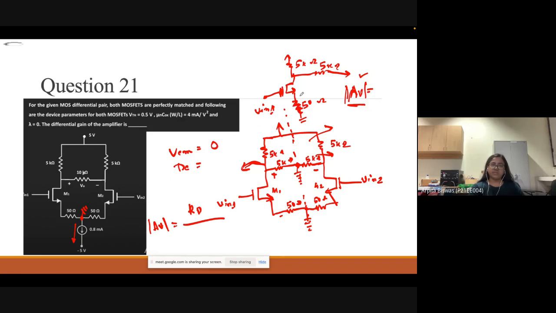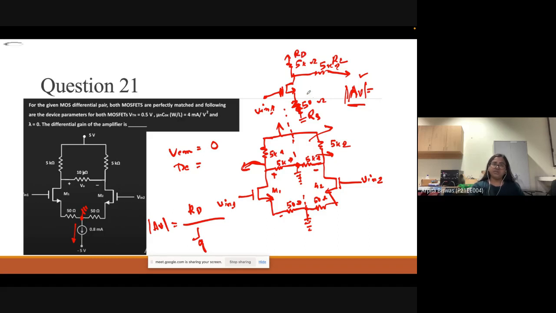When a resistance is present in the source side, like a degenerative type of circuit, the value is RD by 1 by GM plus RS. This is called RS, the RS resistance is there. This is the RL and this is the RD.